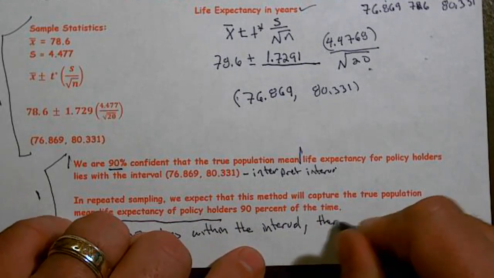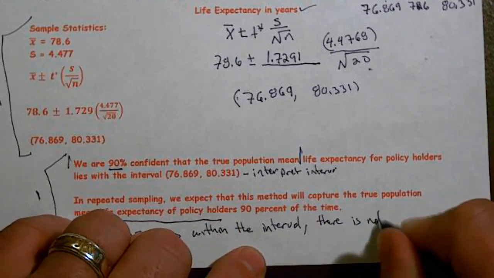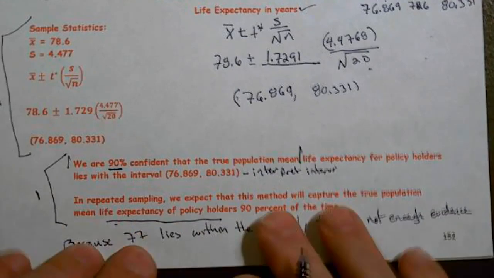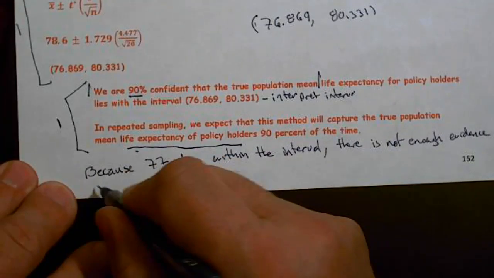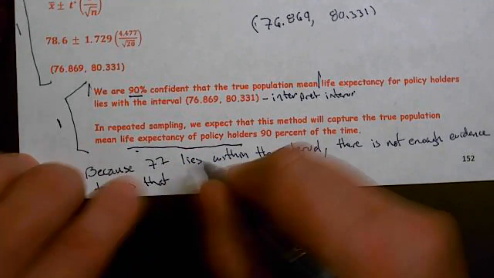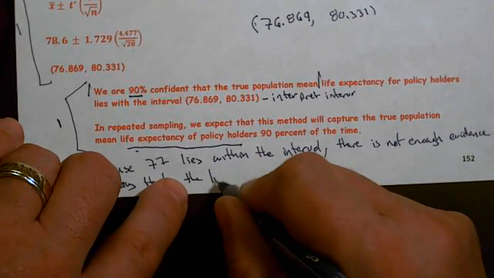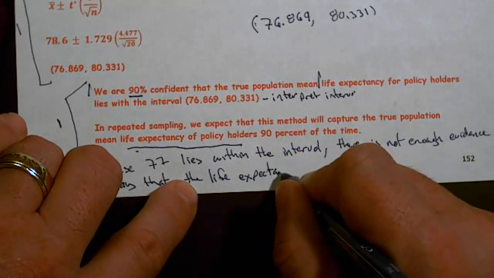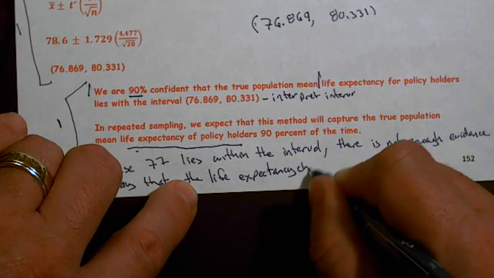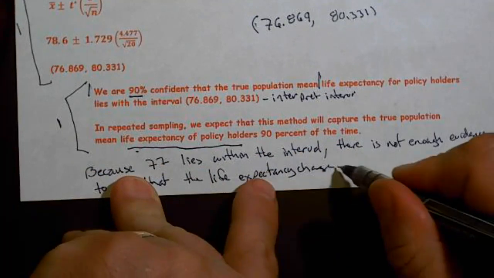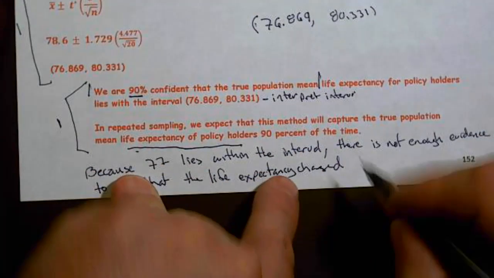there is not enough evidence to say that the life expectancy changed. All right, 77 is contained in the interval, so it doesn't look like the life expectancy has changed.